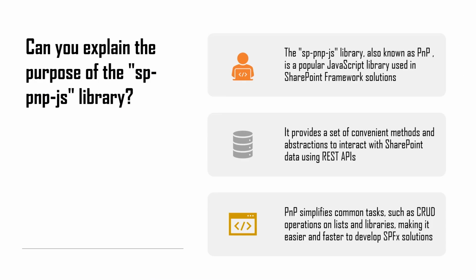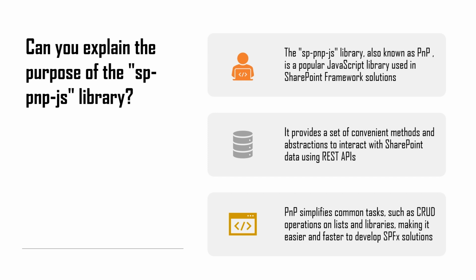SharePoint Framework provides various client-side APIs. Can you explain the purpose of the sp-pnp-js library? Sure. The sp-pnp-js library, also known as PnP, that is Patterns and Practices, is a popular JavaScript library used in SharePoint Framework solutions.